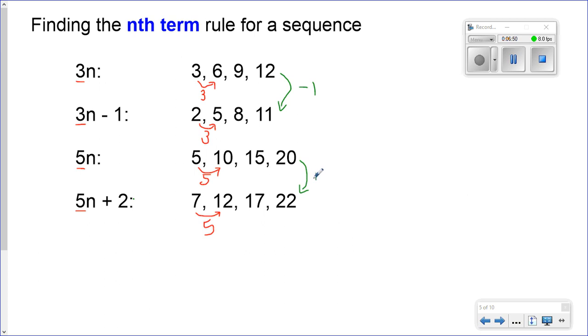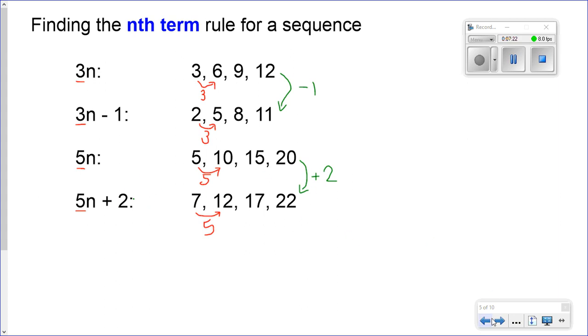All the numbers in the 5 times table have had 2 added onto them. 5 add 2 makes 7, 10 add 2 makes 12, 15 add 2 makes 17, 20 add 2 makes 22. So this sequence, 7, 12, 17, 22, is the 5n sequence, the 5 times table, with 2 added on, and that's why it has the rule 5n plus 2.